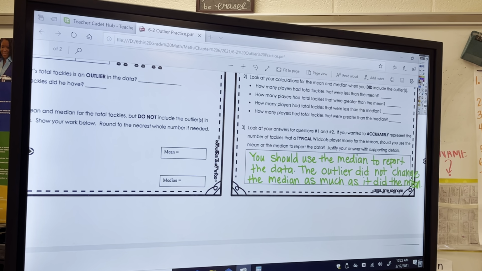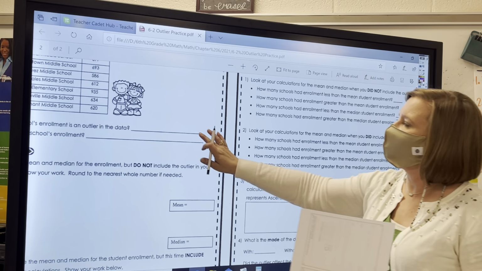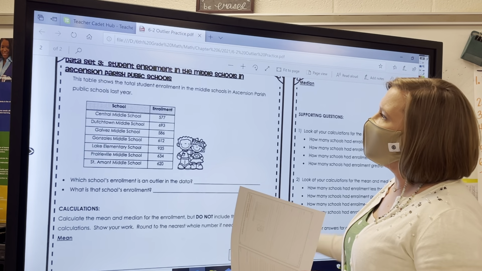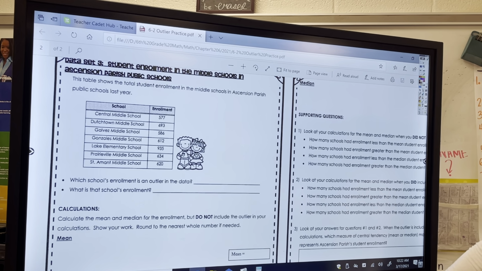All right, flip it over. On the back, you've got the table that shows the total student enrollment in the middle schools in Ascension Parish Public Schools last year.